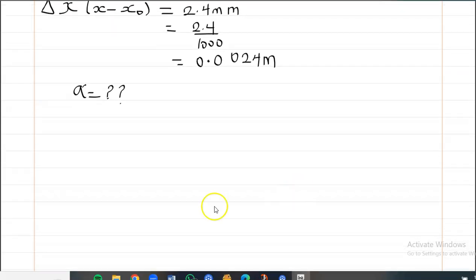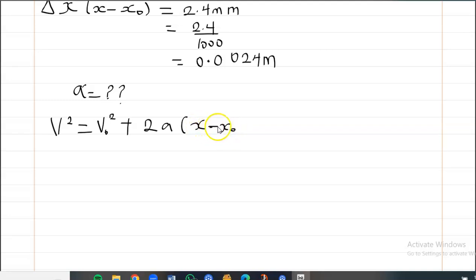So the best one here is going to be v squared equals v naught squared plus 2a times x minus x naught. All right, that's distance traveled. So we already have that, the head traveled a distance of 0.0024. So let's put in our values.